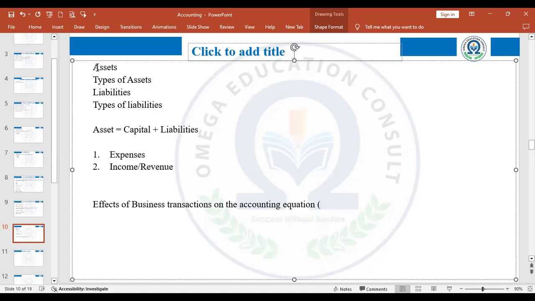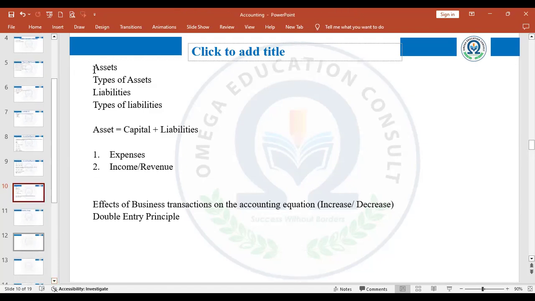So the effects are either an increase or a decrease. Great. So these are things we are going to discuss. If we have time, then maybe I will add the double entry principle. Great. So let's dig in with what expenses are and what income is.